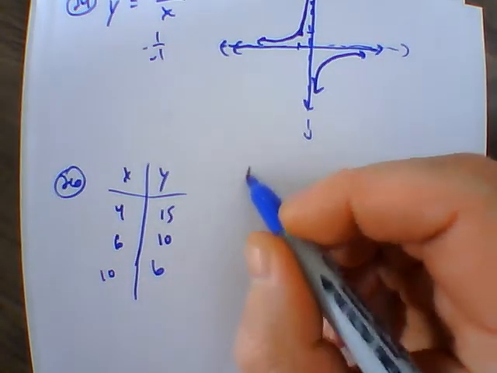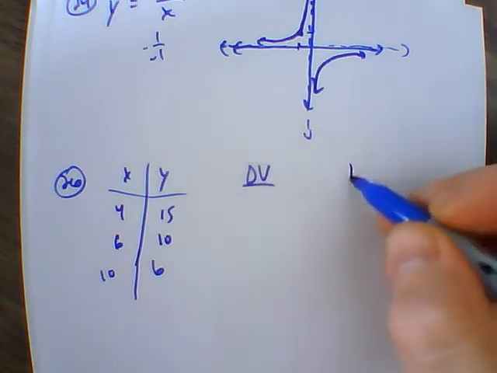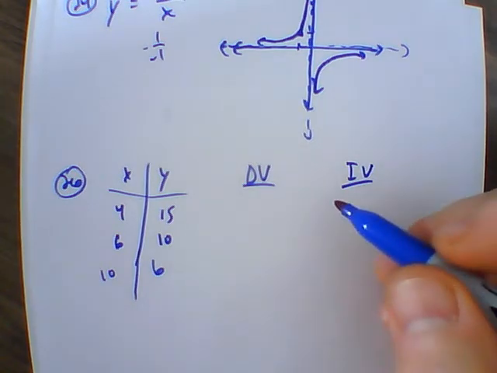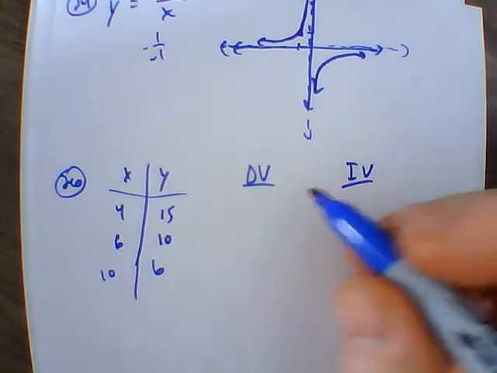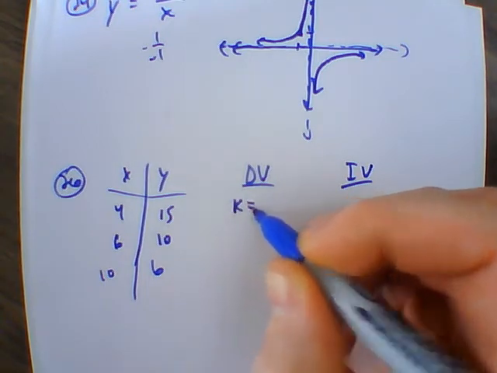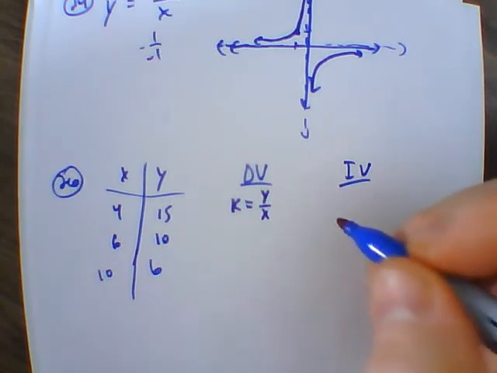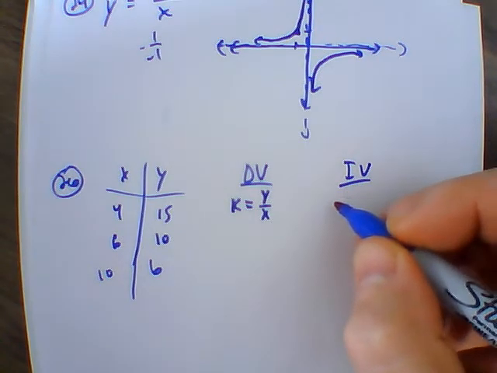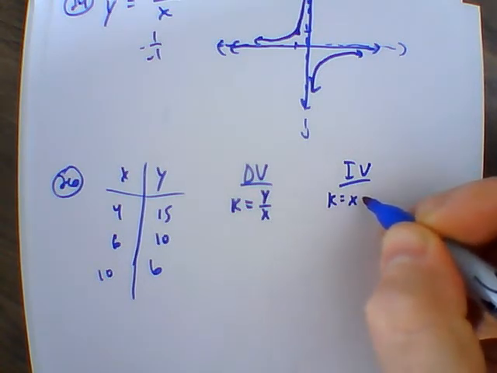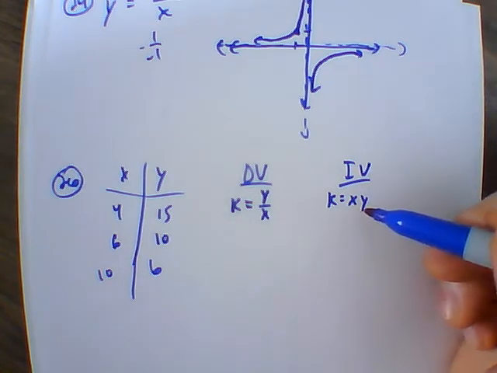Remember, direct variation and inverse variation have very distinct formulas for k. In direct variation, k equals y divided by x. In inverse variation, k equals x times y.